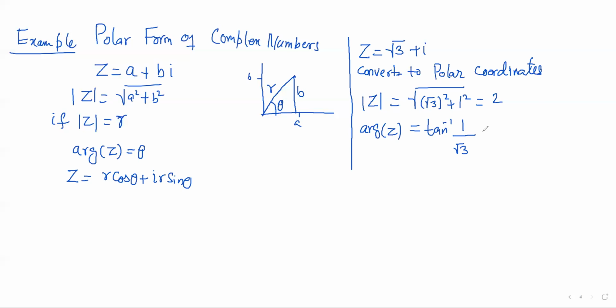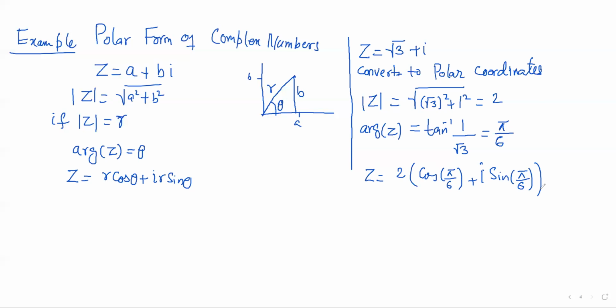So tangent inverse of 1 over under root 3 is a 30 degree angle, which is pi by 6. In polar coordinates, we can then represent it as z equals 2 cosine of pi by 6 plus iota sine of pi by 6.